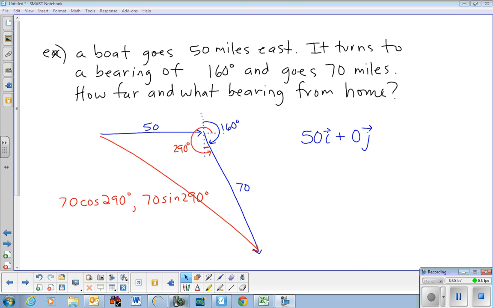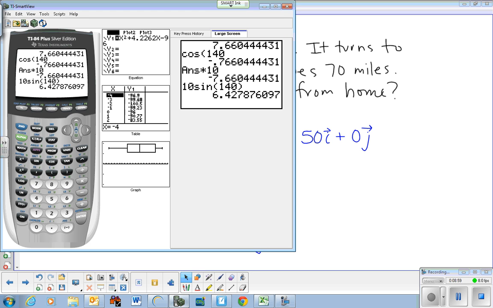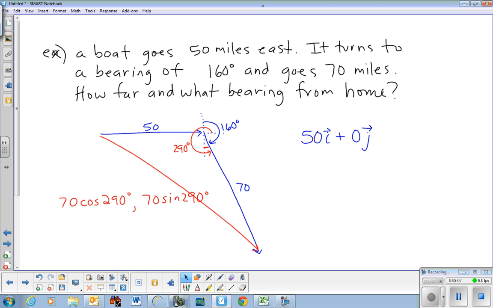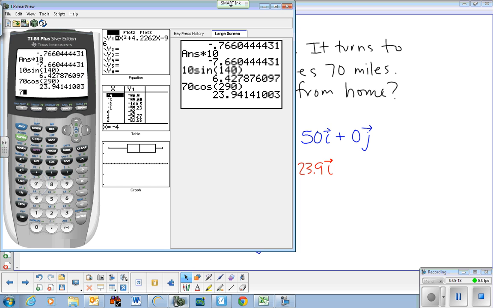So let's figure out the X and Y parts. 70 cosine 290 degrees. So this thing goes 23.9 units to the left. So that's negative 23.9i. And then 70 sine of 290 is negative.